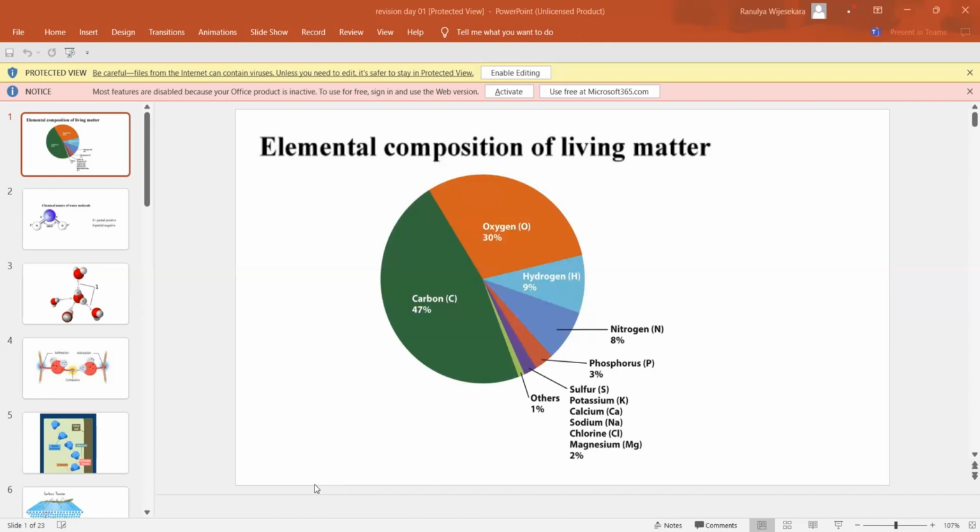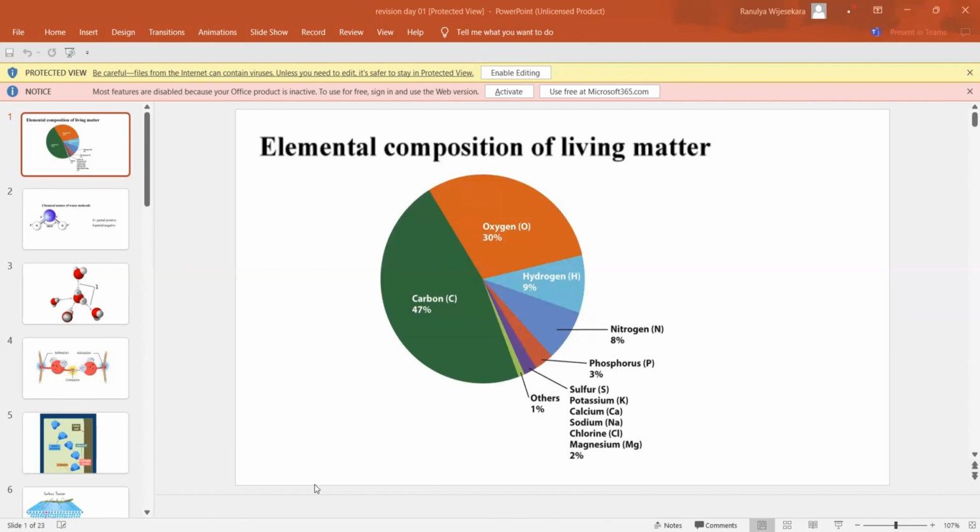Carbon, hydrogen, oxygen, and nitrogen make 96% of living matter. The other 4% is completed by macro elements and trace elements. Trace elements means the elements required in very small amounts.